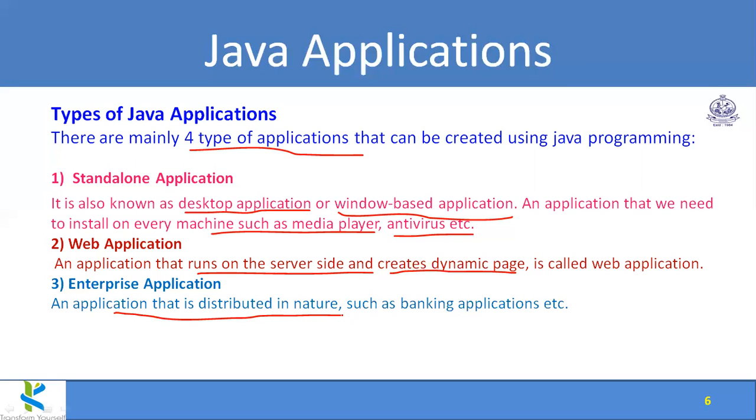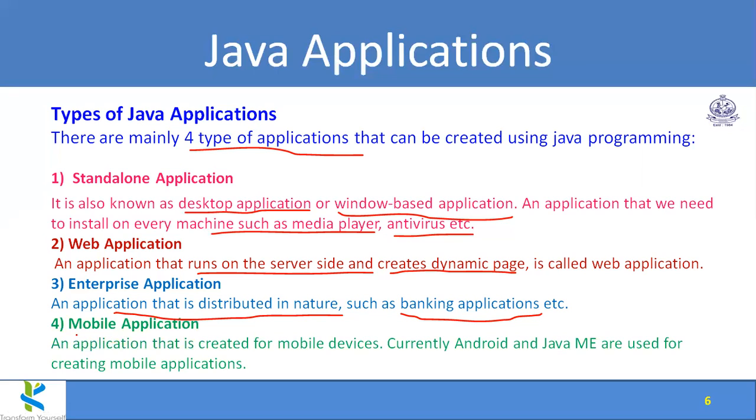Like a bank's main branch will have one sort of software, and each branch will have its own software installed there. Together, the main branch will cumulate all the information: the total bank balance and how many customers are totally available in the bank. So it is a distributed application. One good example is banking applications.